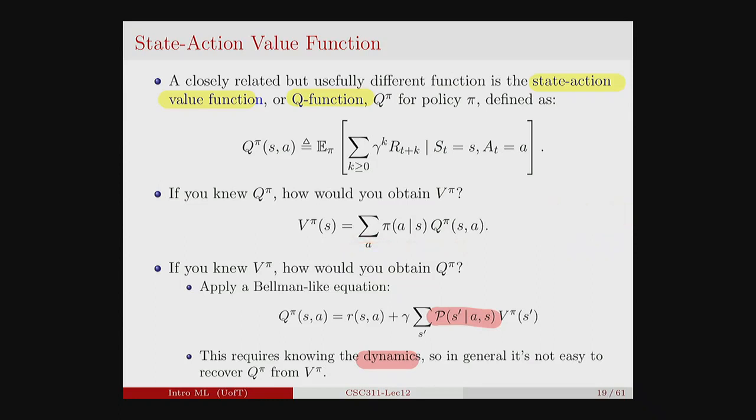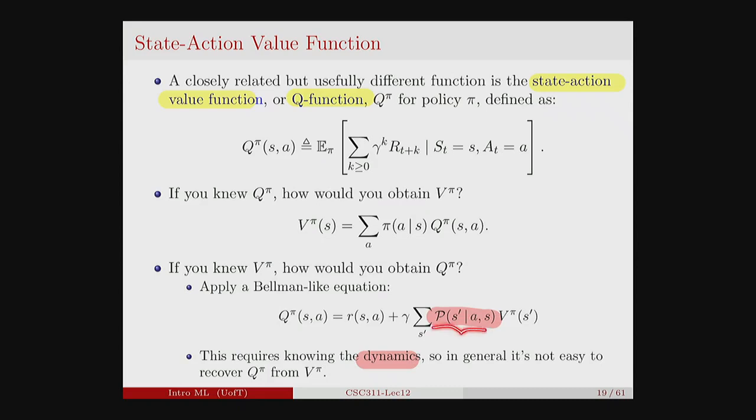And now, if you knew V pi, how would you obtain Q pi? So that's a little harder, because V pi tells you the value of a state, but Q pi tells you the inherent desirability of the state action pair. So to go from the value of a state to the desirability of the state action pair, you need to start from state S prime and ask, what are all the ways that I could get to S prime having taken action A in state S?